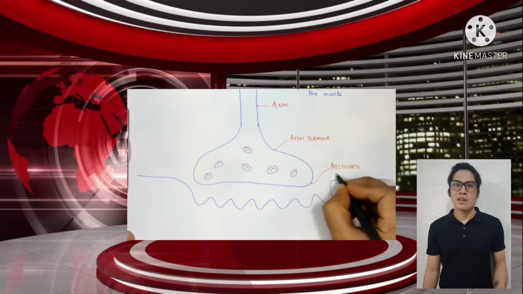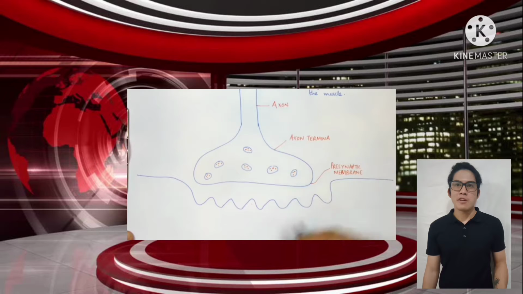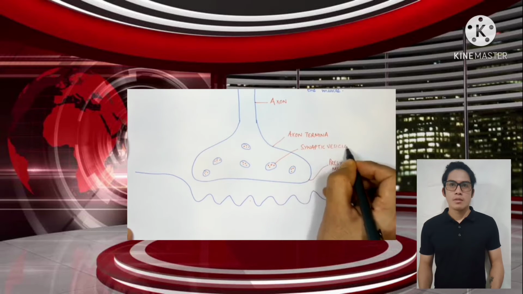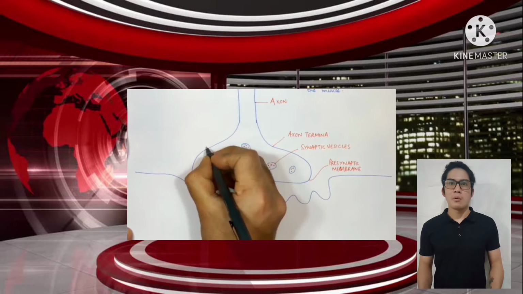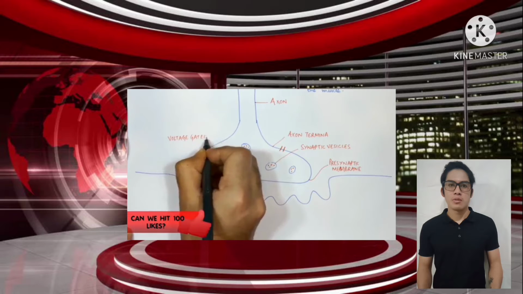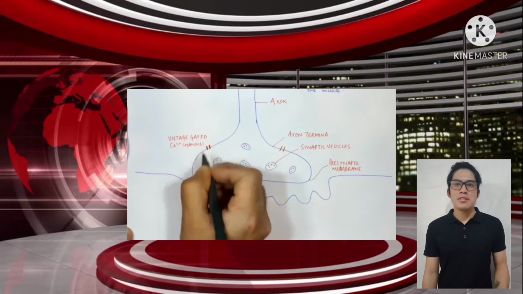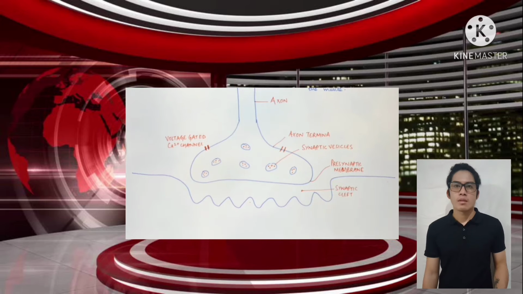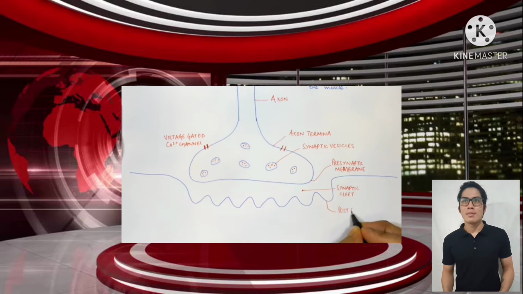This is the presynaptic membrane, and these are the various vesicles, which contain acetylcholine, the neurotransmitter involved in the action. These are the voltage-gated calcium channels. And this is the synaptic cleft. This is the postsynaptic membrane, also known as the sarcolemma. These three structures together form the synapse.